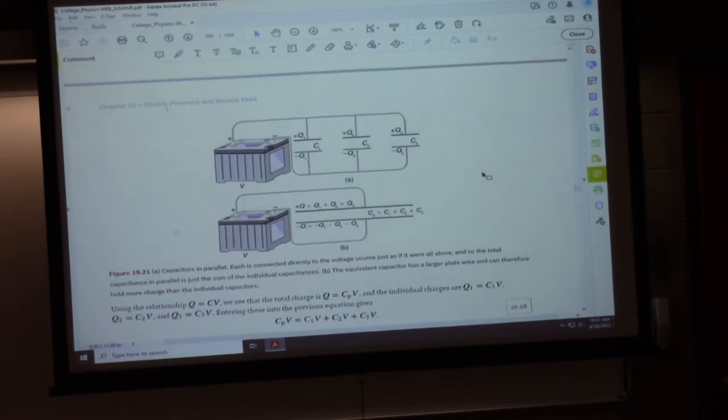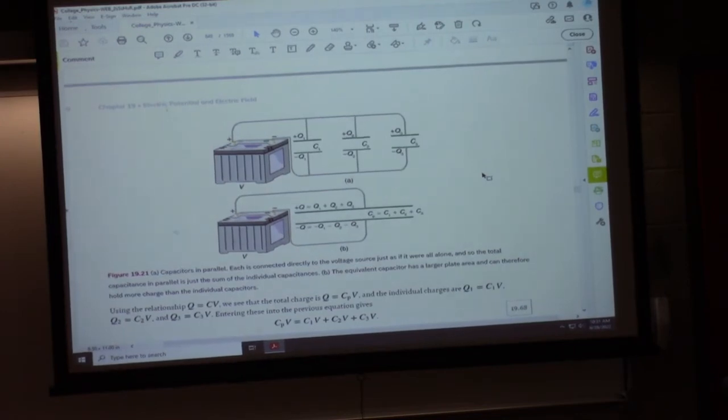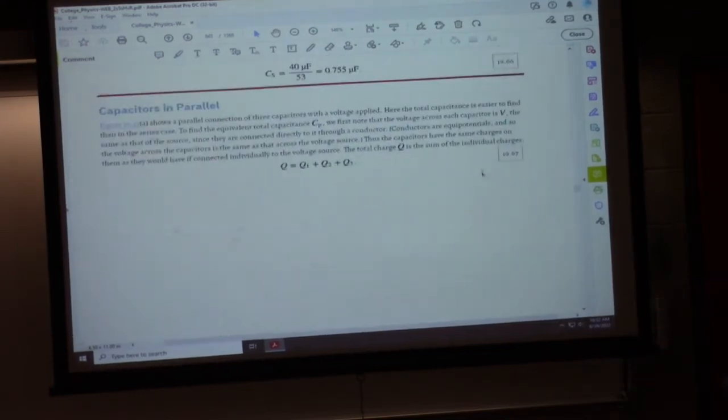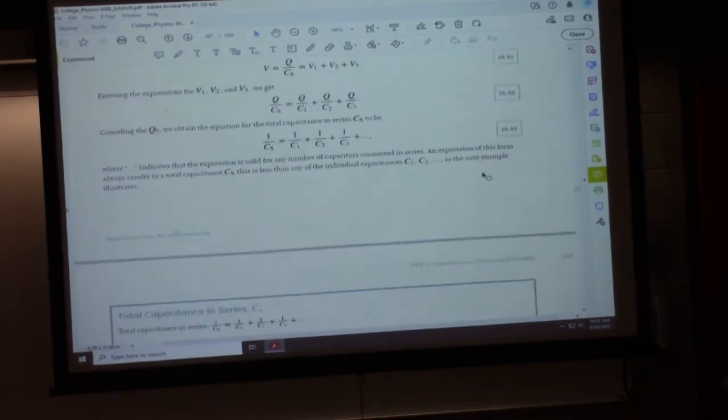Ooh, what would happen here? How would these capacitors behave? Well, let's give a name here. We call this connection parallel, and we call this connection series.